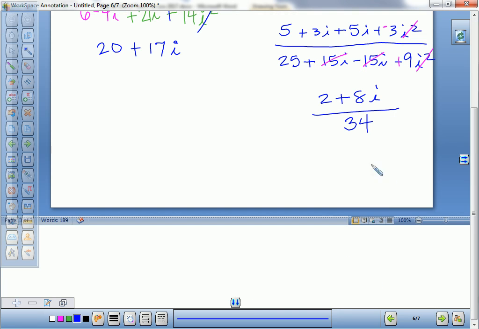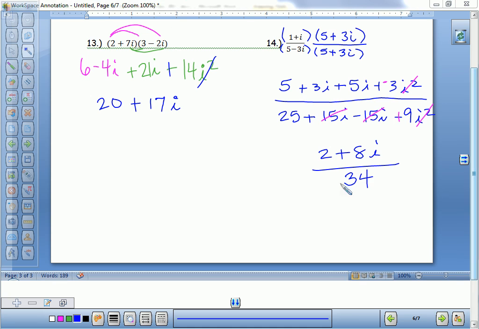Does everybody see that 2 divides into everything? Yes. So we divide it out. We're going to divide everything by 2. So that's what factoring out a 2 does. It divides everything by 2.